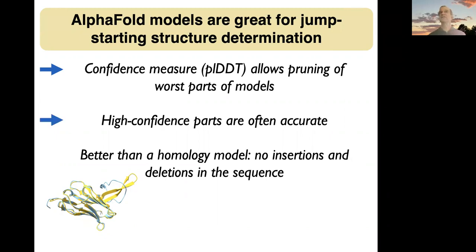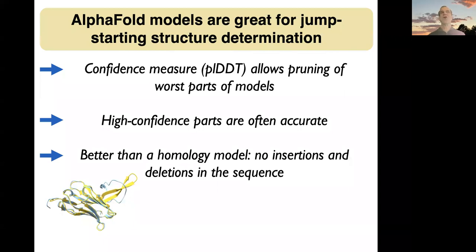Then the high confidence parts, as we've seen, are often very accurate. We can often just use those as a great hypothesis. Something that's a little subtle is that an AlphaFold model is better than a homology model because you don't have to worry about insertions and deletions in the sequence.